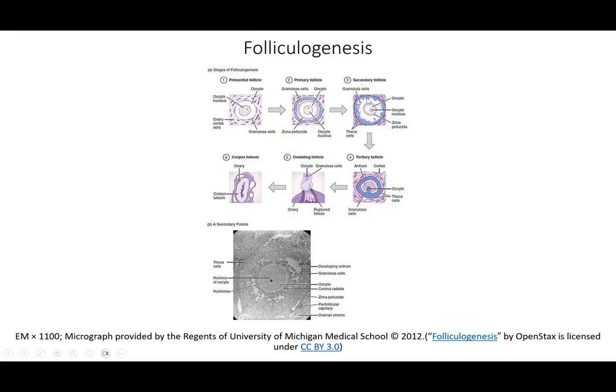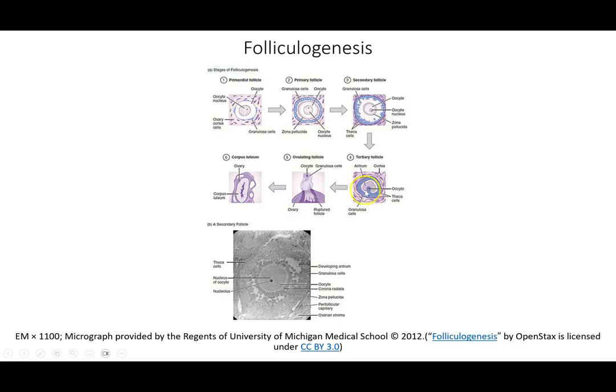Then, as we keep developing into that secondary follicle, those granulosa cells will further increase in number, and so we get this larger ring around that egg cell. The theca cells are outside of the granulosa cells, represented more in purple here. And then we can get this tertiary follicle.